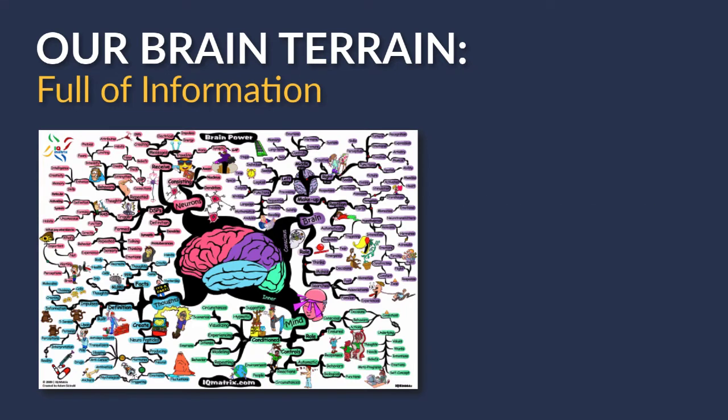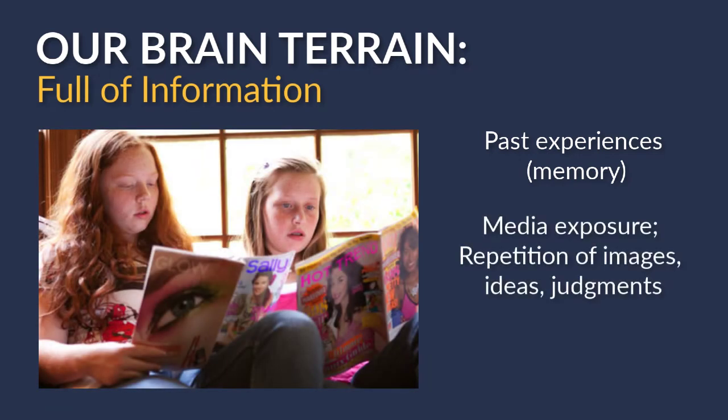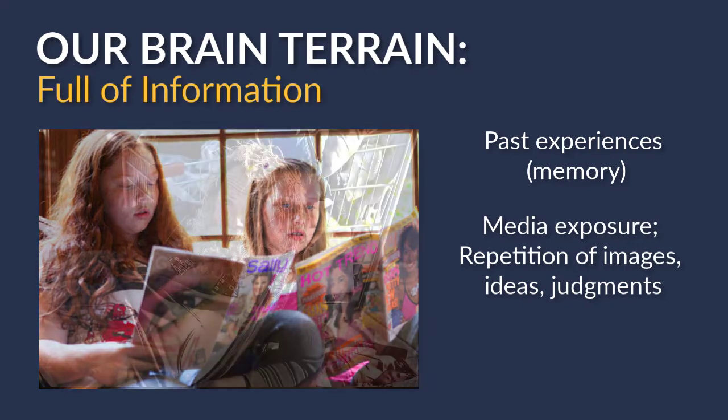Among those bits of information are our past experiences in the form of memories, which are often distorted. We also have a barrage of images, ideas, and judgments that are constantly reinforced through media exposure. And again, it's important to remember that we may not consciously agree with some of these ideas and judgments, but they still can make their way into our conscious minds.